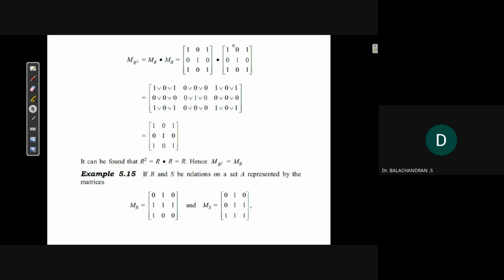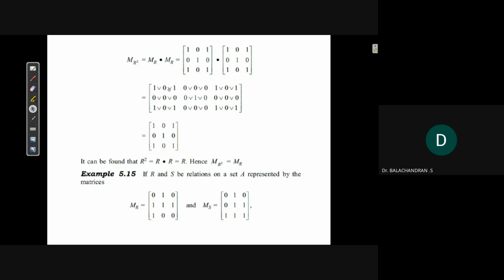Take this row and this column, 1 into 1. Instead of multiplication you should use AND. So 1 and 1 is 1. Then instead of plus you put OR. 0 and 0 is 0.